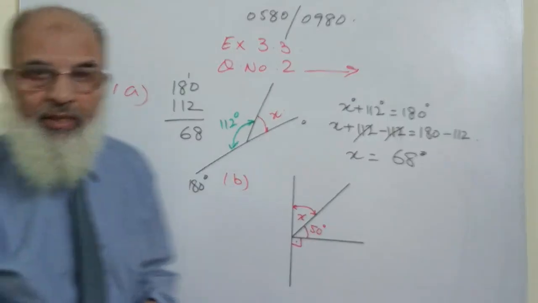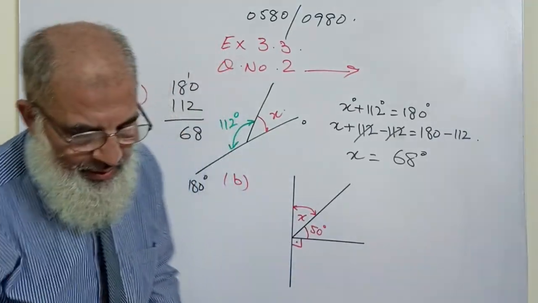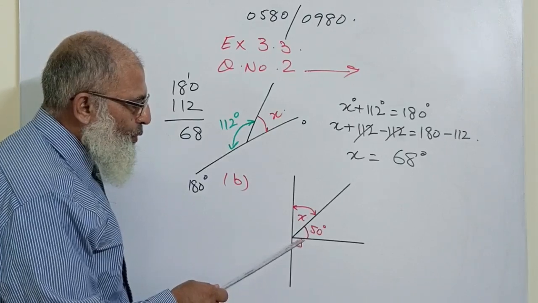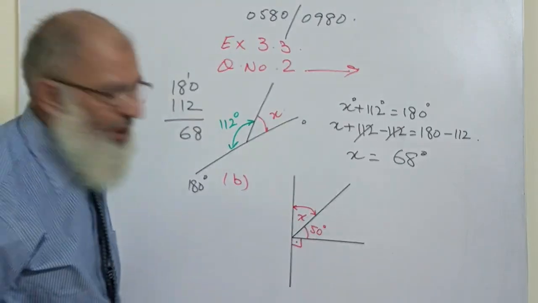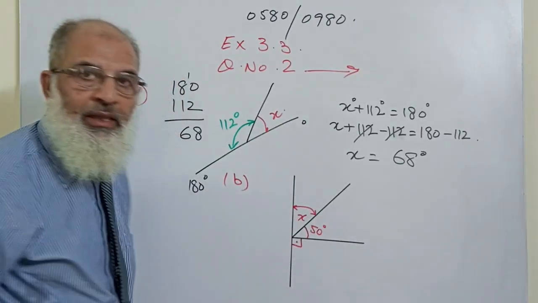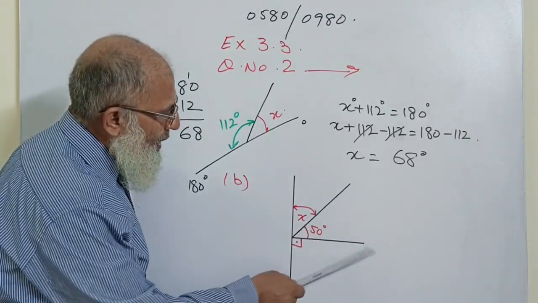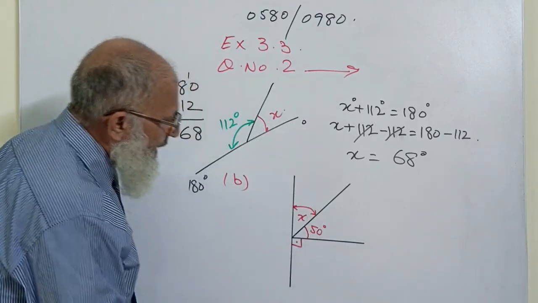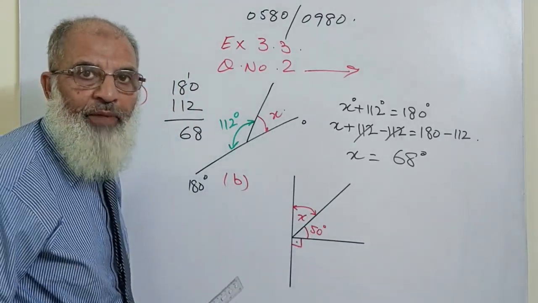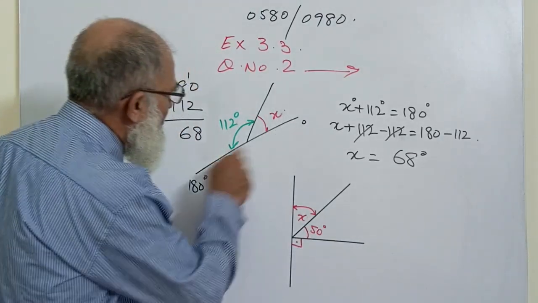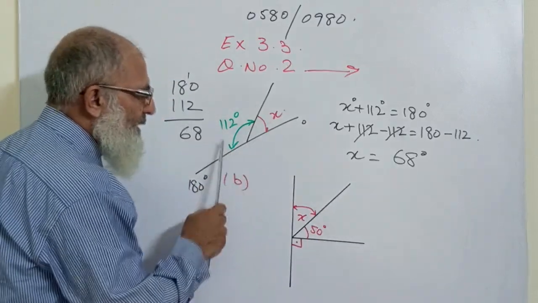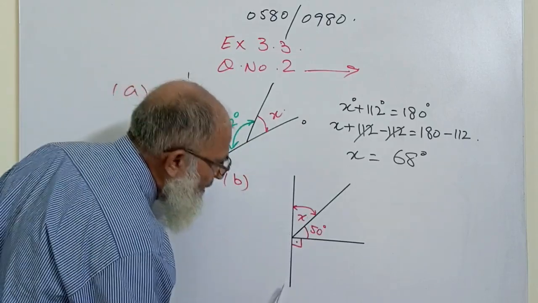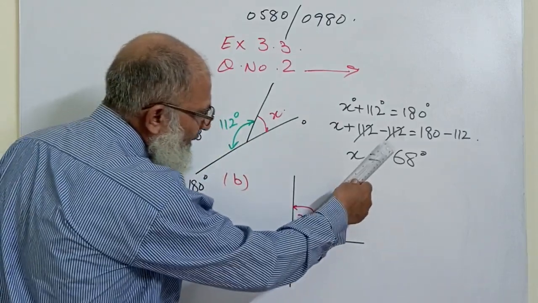Now dear students, just watch this very carefully. I told you what this sign means: this means that this is 90 degrees. Now this angle is 90 degrees, and according to these supplementary angles, this is also a supplementary angle.